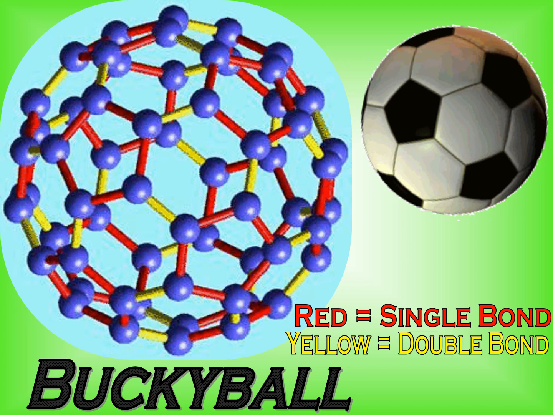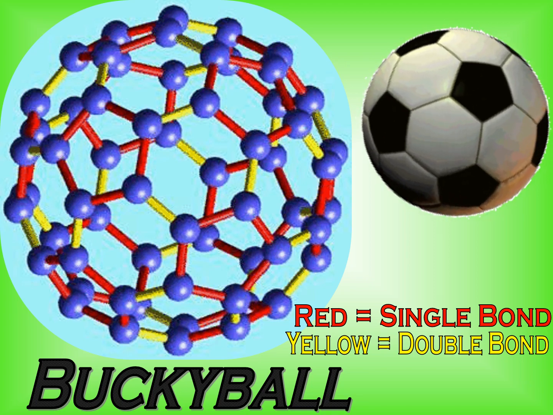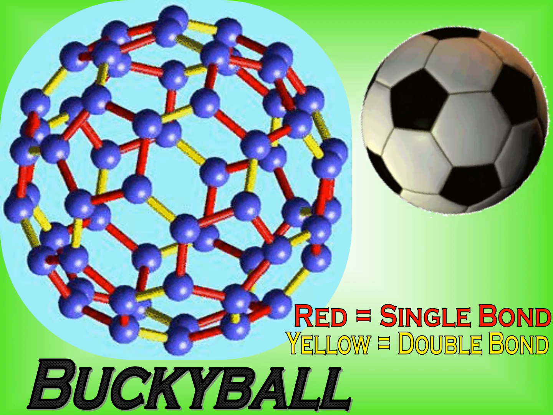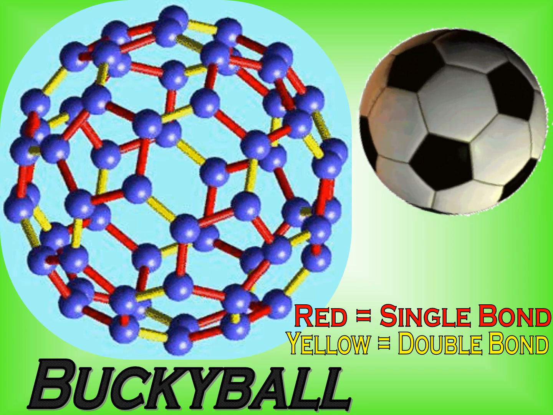If it's a bond between a pentagon and a hexagon, it is always a single bond. So this is very much like the structure of a geodesic dome designed by Buckminster Fuller and this type of soccer ball. Not the kind made up of all those triangles, but the classic kind made up of the black pentagons and the white hexagons. Because of this structure, it is a very, very hard material.